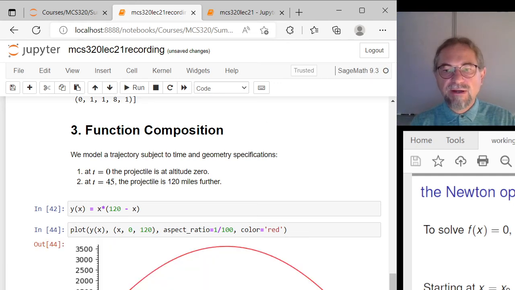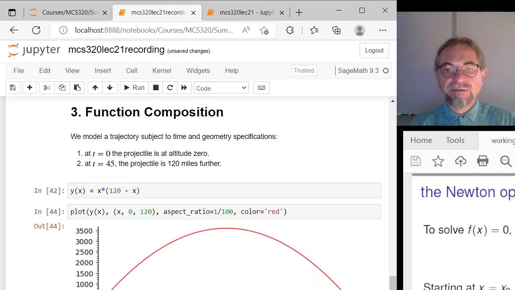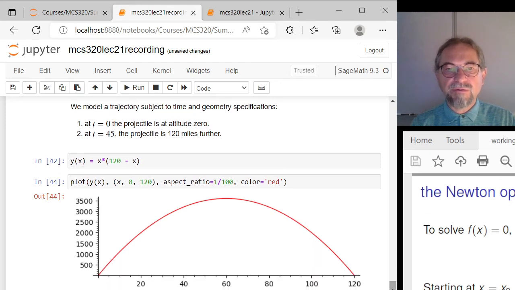So here we have the geometry defined in our first function. Two roots define uniquely a quadratic, which is a parabola.